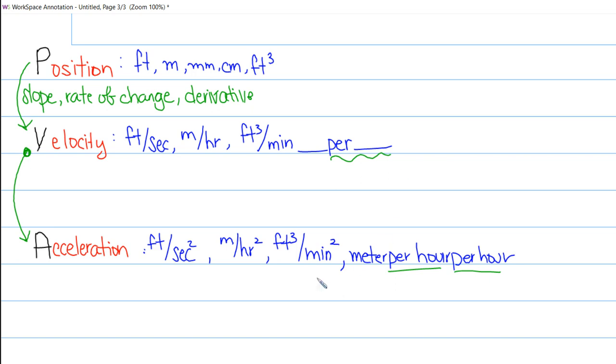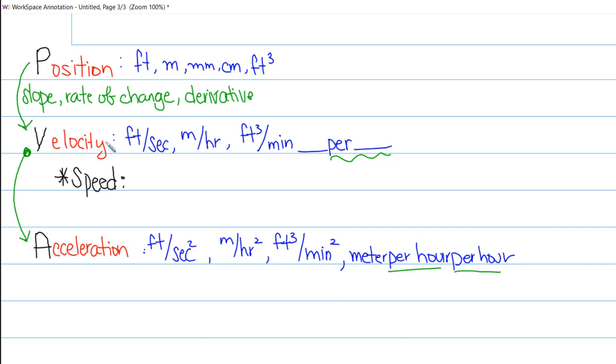Another vocab that I want to add to this one would be speed. I'm going to put speed under velocity, because you may not really know the difference between those two. If you do, that's great. The difference between these two is that speed is how fast you're moving. So speed cannot be negative.